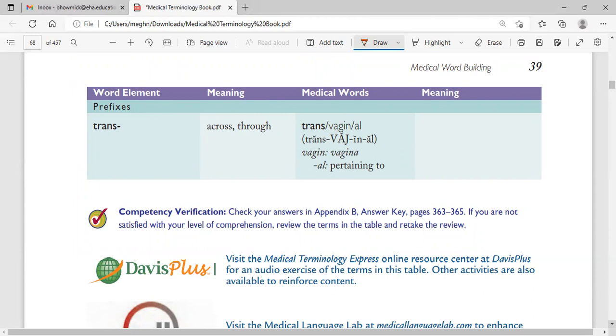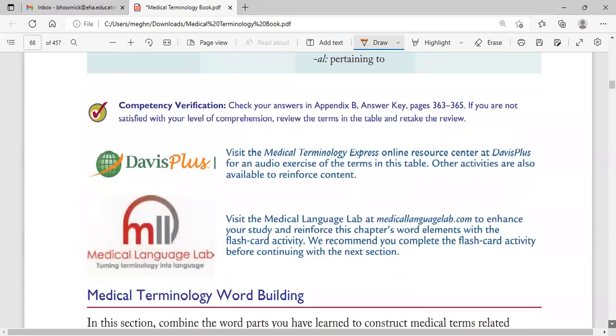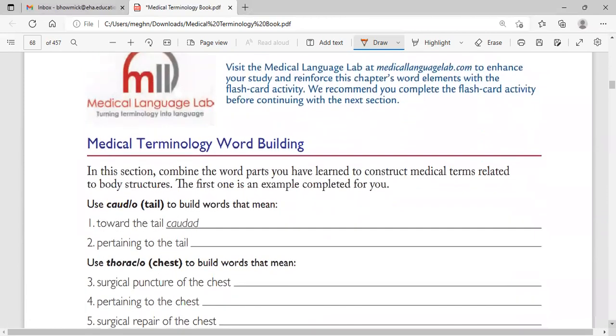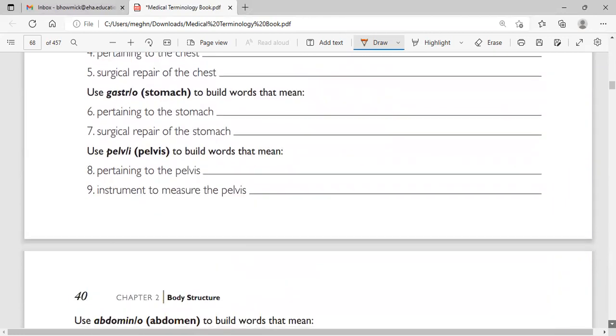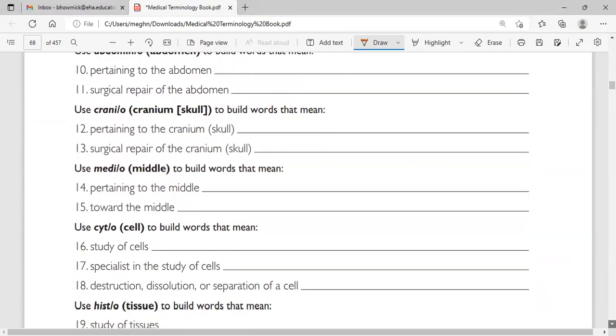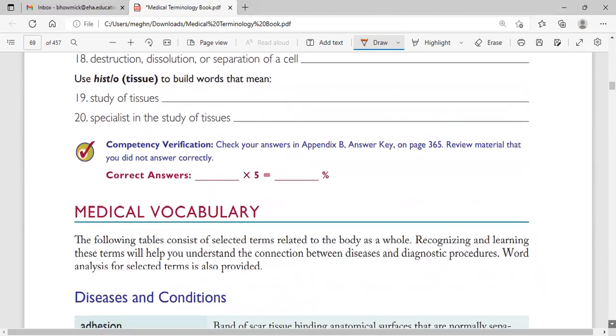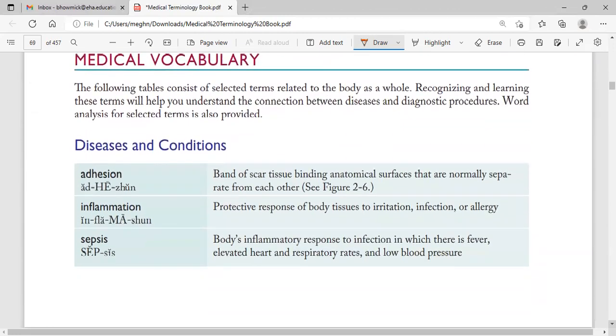So this is the end of the chapter for now. There is also some medical terminology word building, so you have to practice this.